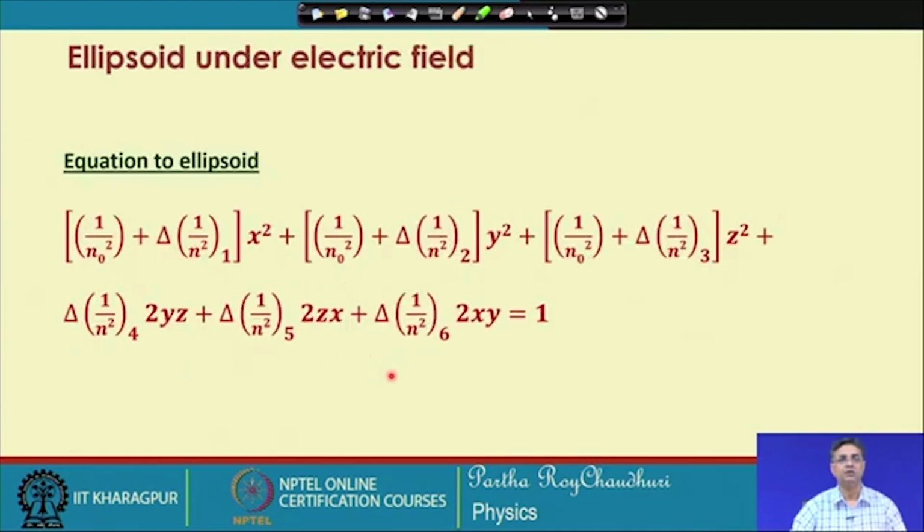Now, in the presence of the electric field, all the off-diagonal elements are also appearing, and the cross terms are also appearing, because all the 6 components in general may be affected. We will see specifically which components are actually affected depending on the orientation and the property of the crystal.